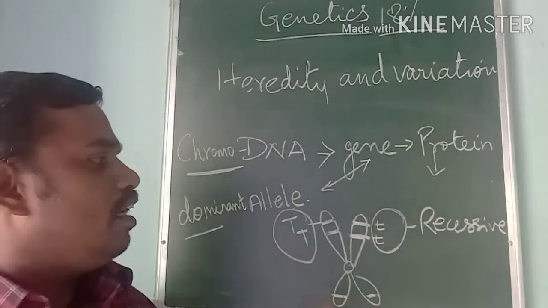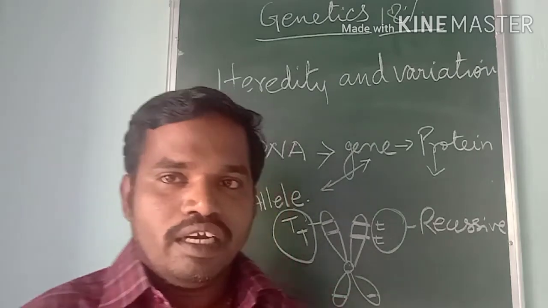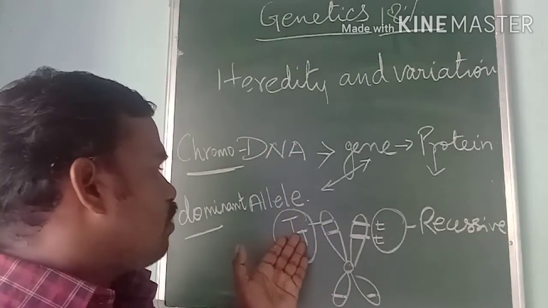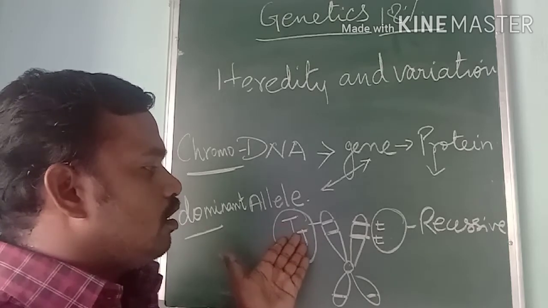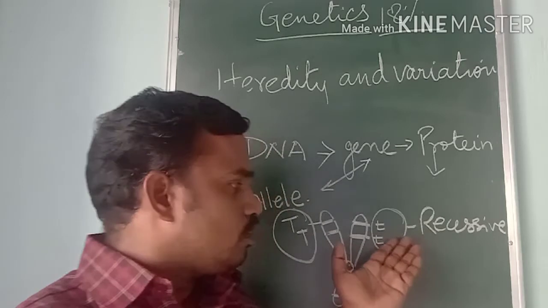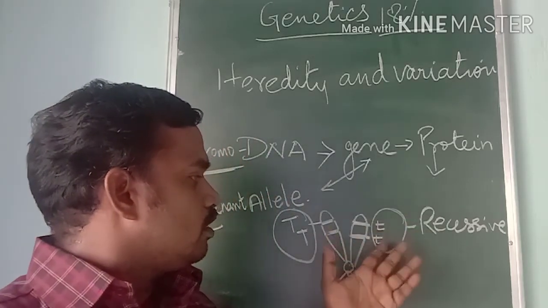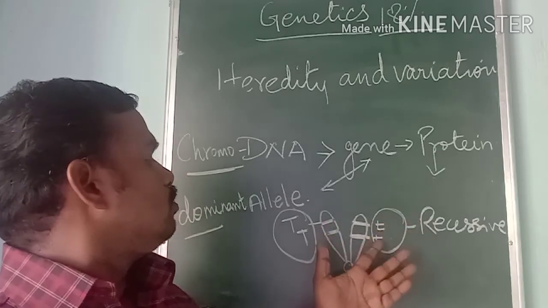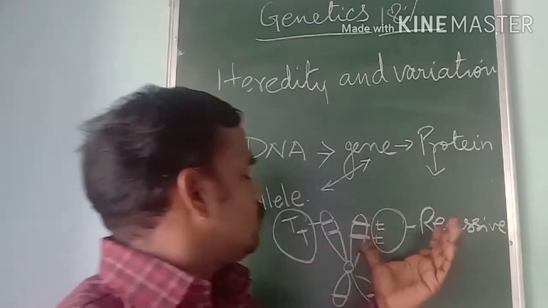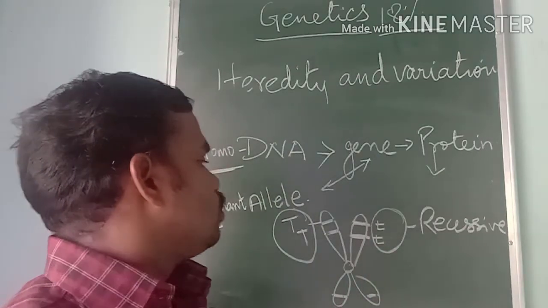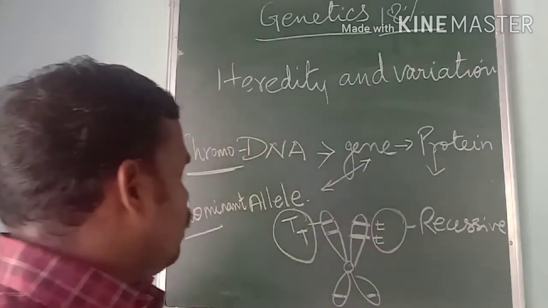If it is different, we call it a heterozygous condition. Here the pair of allelic forms is similar, so it is a homozygous condition. And here also, look at this, the alleles of the particular gene are the same, so it is a homozygous condition.